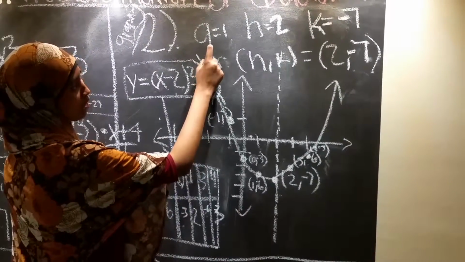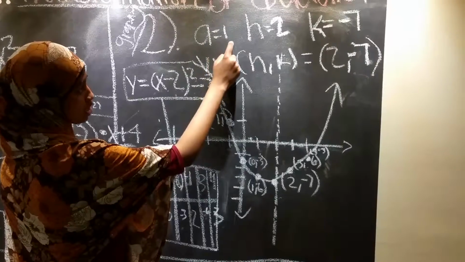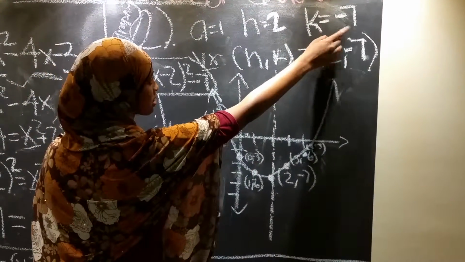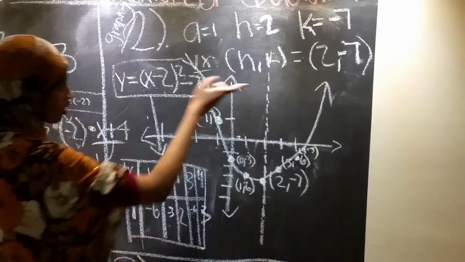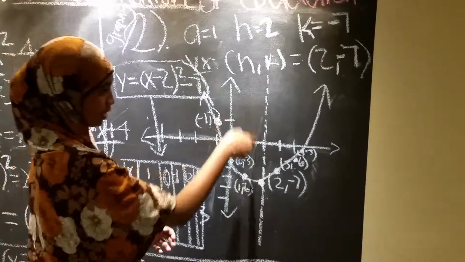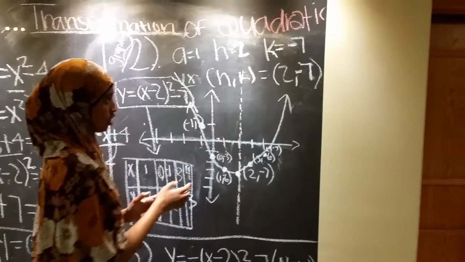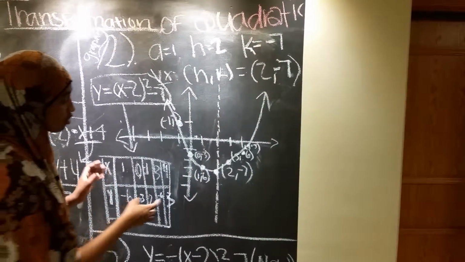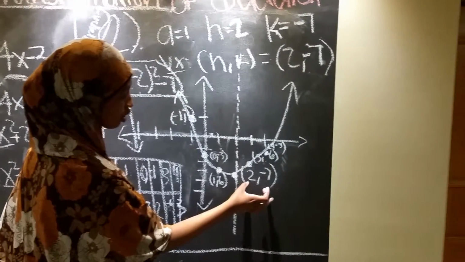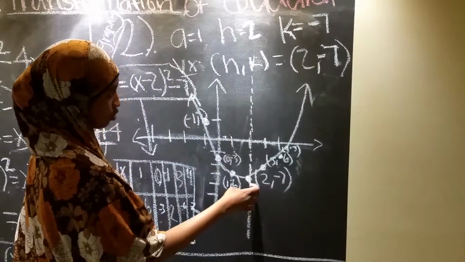So we have to use a equals negative 1, h equals 2, and k equals negative 7. In order to do that, we have to make a graph. When we make a graph, you put in your old equation here.